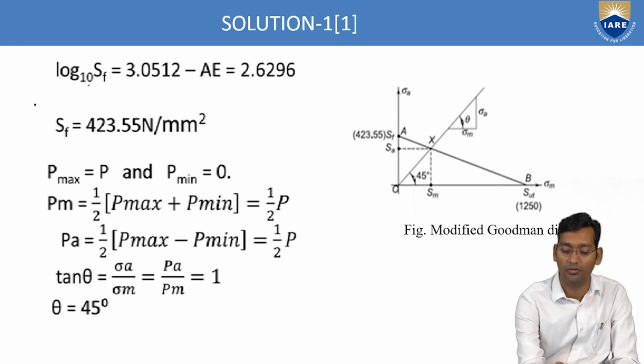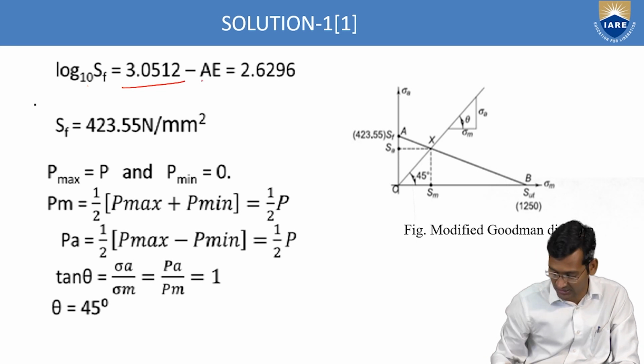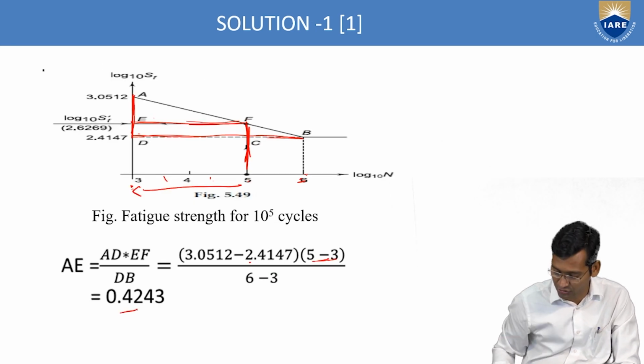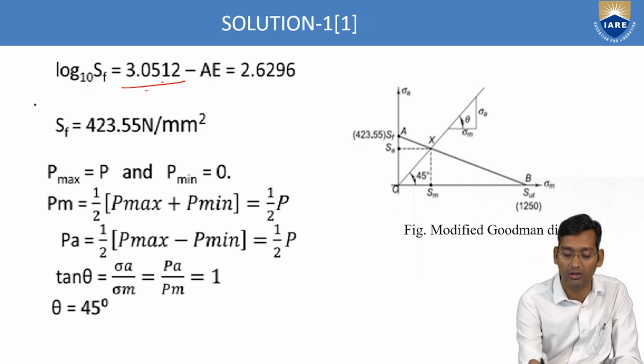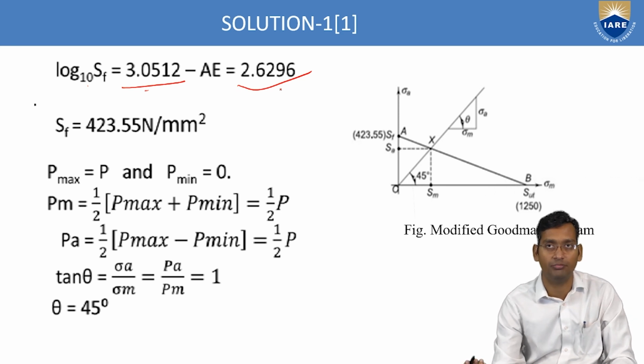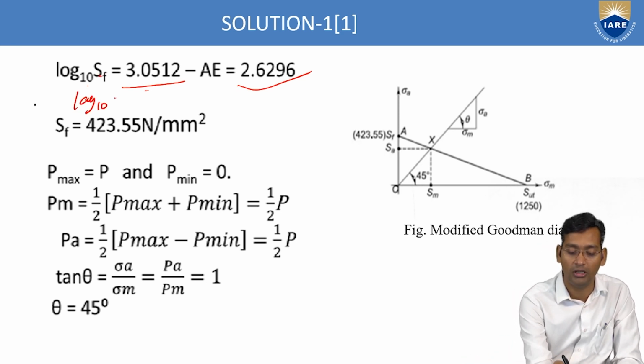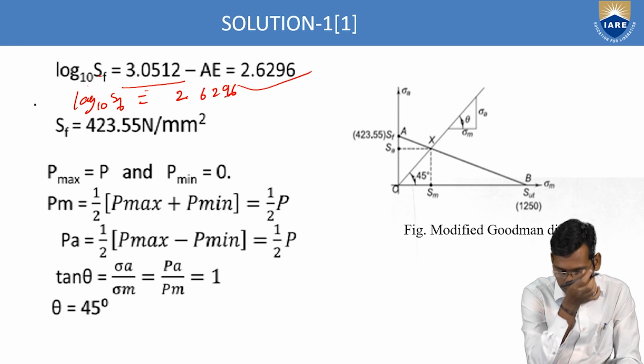Now for that value, log 10 SF, right? That equals 3.0512 minus AE. AE we just got, right? Substitute that value. After substituting, what will we get? Log SF as 2.6296. Now take the anti-log of that, because log 10 SF equals 2.6296.